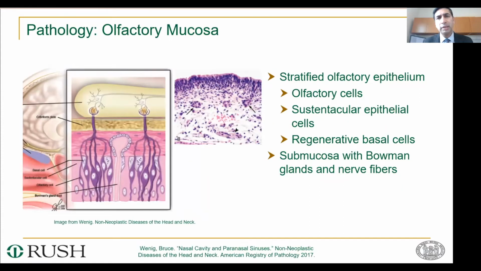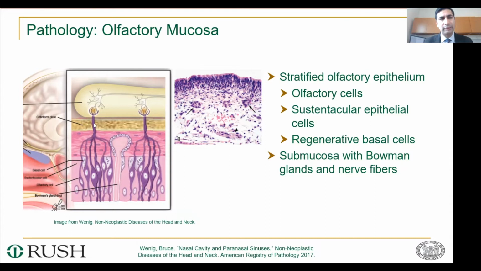When you look at this histologically, you'll see three types of cells that will compose the olfactory neuroepithelium. You'll see the olfactory cells, as you see here, but you'll also see sustentacular epithelial cells and these regenerative basal cells. So the olfactory epithelium is comprised of these three cells.